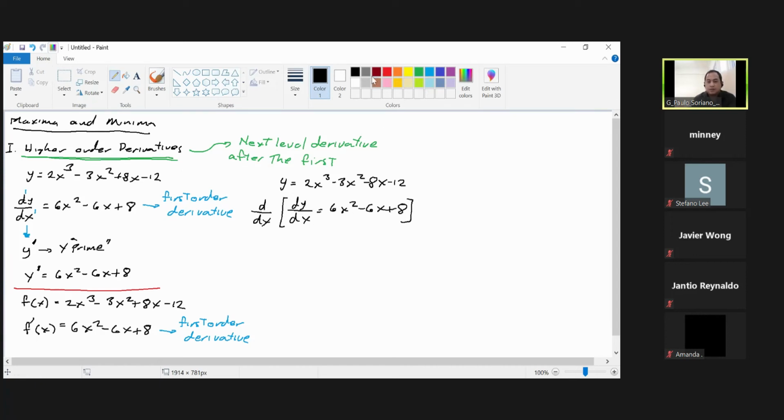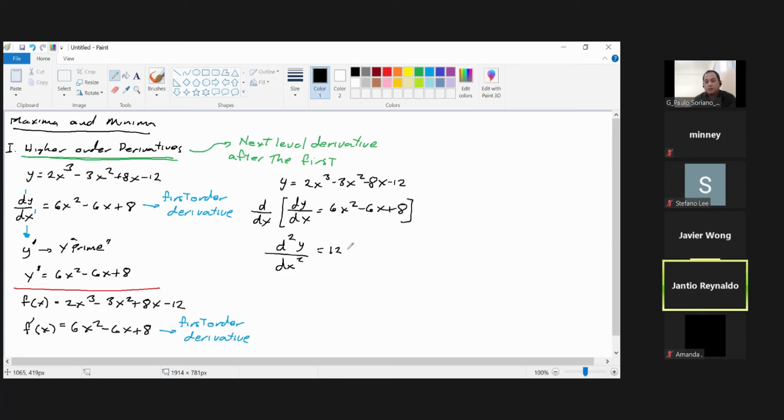To notate it properly, this gives us d squared y over dx squared, equal to 12x minus 6.